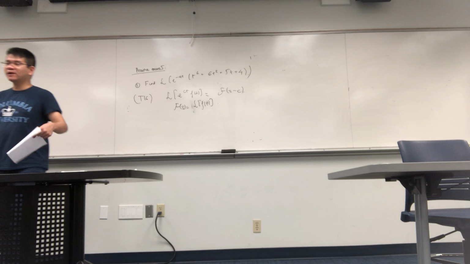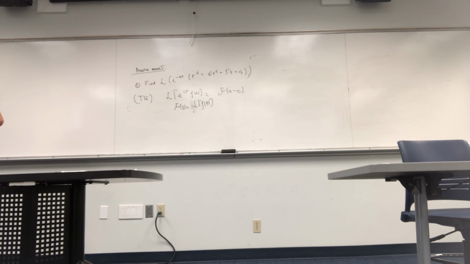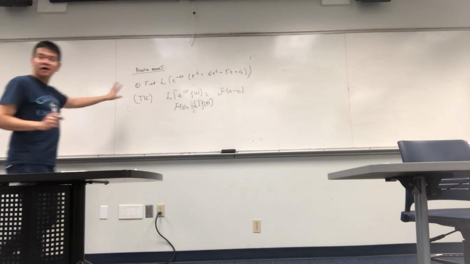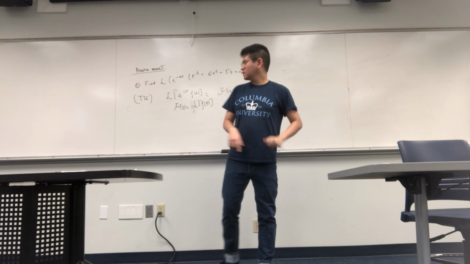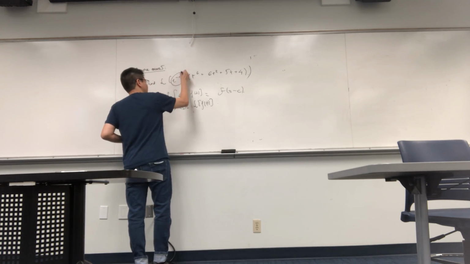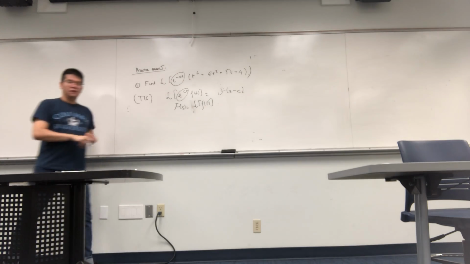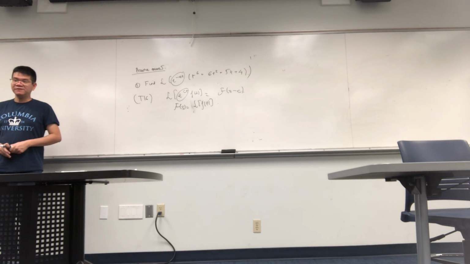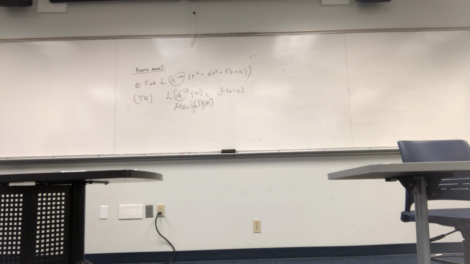So whenever you see an exponential, you can use the shifting theorem, right? And here you see that there is an exponential, which means that you can use the shifting theorem. So what is the function f in this case?